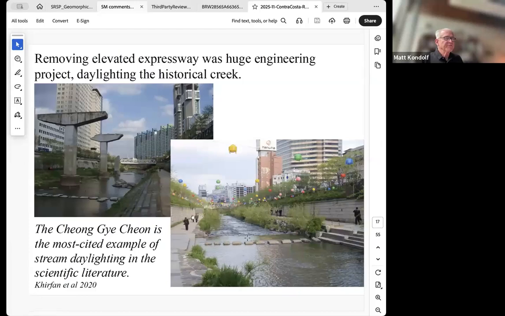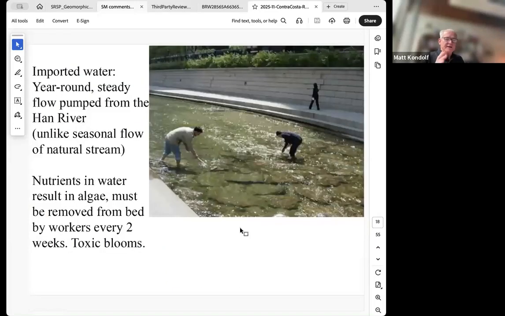Okay, so we have the water pumped from the Han River. It's flowing down the channel. The Han River has a lot of agriculture in its drainage basin, and they use a lot of chemicals, including all these fertilizers, so there's a lot of nutrients in the water. So you have shallow water flowing over this rocky bed with sunlight. What do you get? Algae. Well, the managers didn't like the algae.